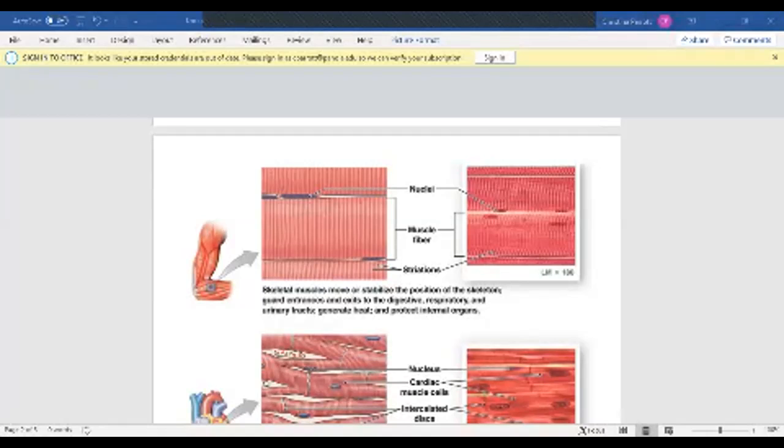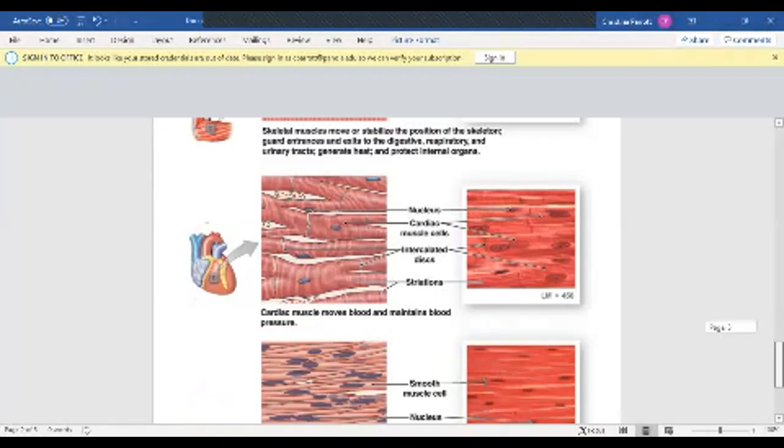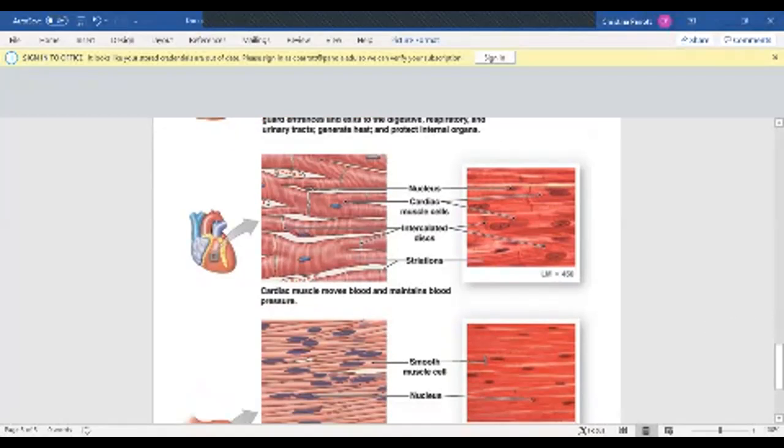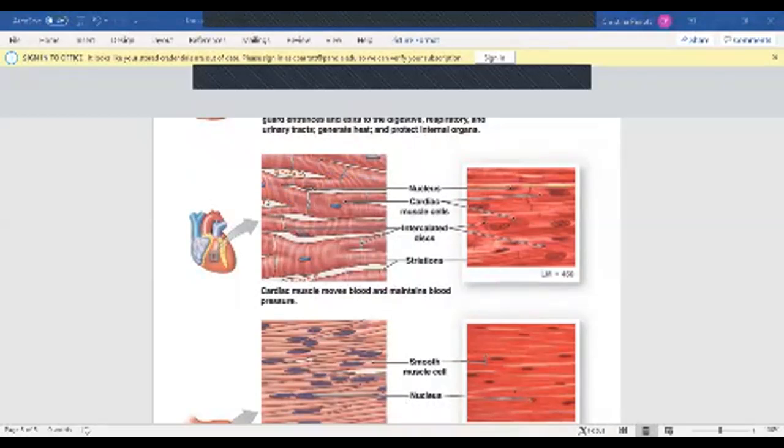Okay, now going down to the next one. So this row right here is showing the cardiac muscle tissue. And if you'll see in here, these branch, okay? So these muscle fibers are branching muscle fibers. So your cardiac muscle fibers are branched muscle fibers. They are uninucleated, meaning only one nucleus per muscle fiber.